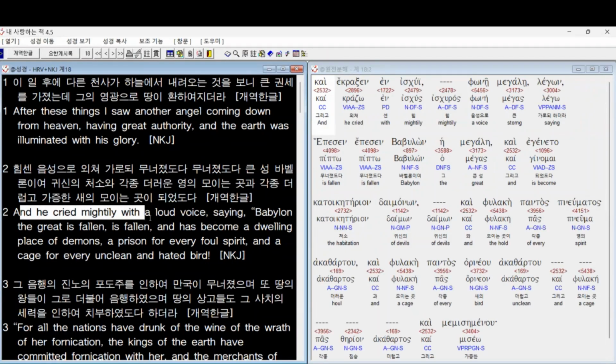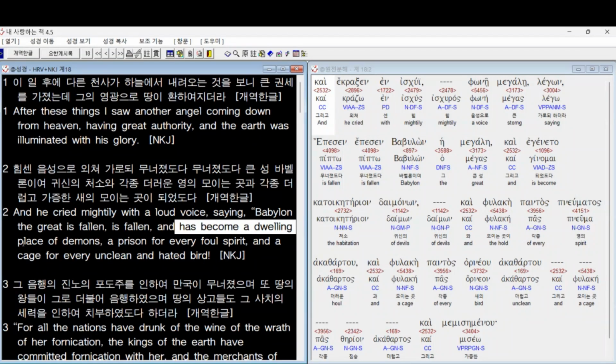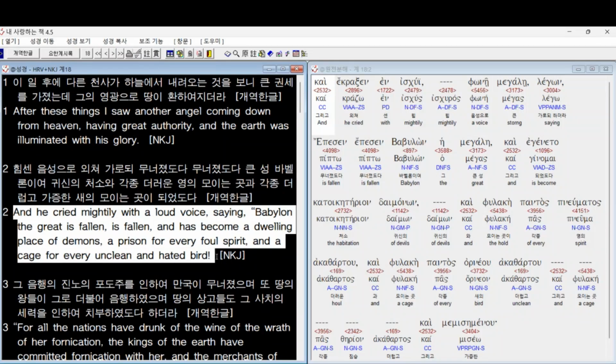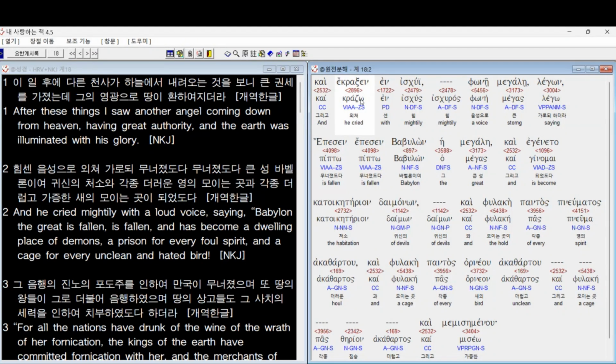Then he cried mightily with a loud voice, saying, Babylon the great is fallen, has become a dwelling place of demons, a prison for every foul spirit, and a cage for every unclean, hated bird. We need to fix some minor translation problem here. And he cried out. Who?